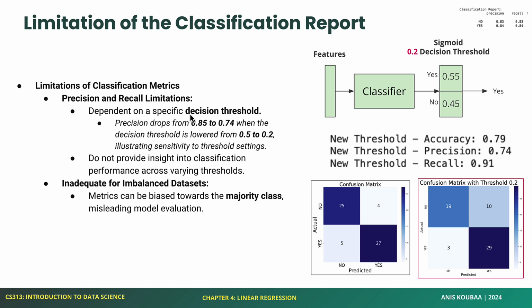Look now, for example, I've made an experiment, I changed this threshold from 0.5 to 0.2, and I have an accuracy of 0.79 instead of 0.48. But I have a recall of 0.91. Explain to me why the recall is better here. Because of correctly identifying more yes values.